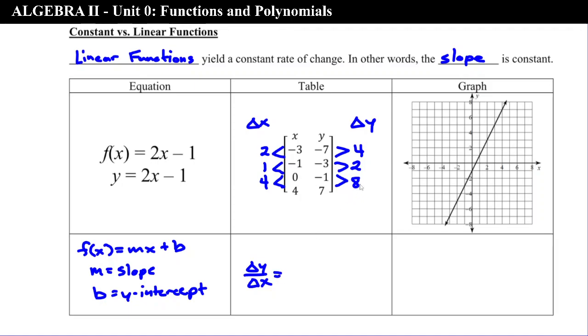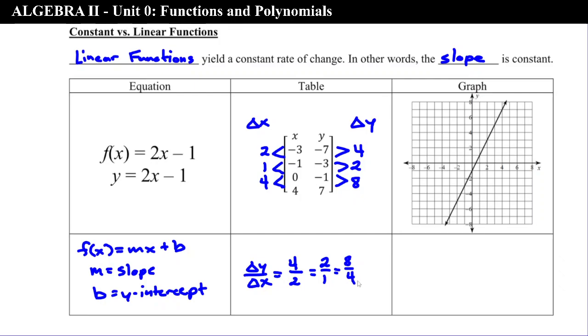Our change in y value, starting at the top here, is 4, and the change in x value that goes with it is 2. Our change in y for the second set is 2, and our change in x is 1, so we notate that as 2 over 1. And our last one is change in y is 8, change in x is 4, so we notate that as 8 over 4.